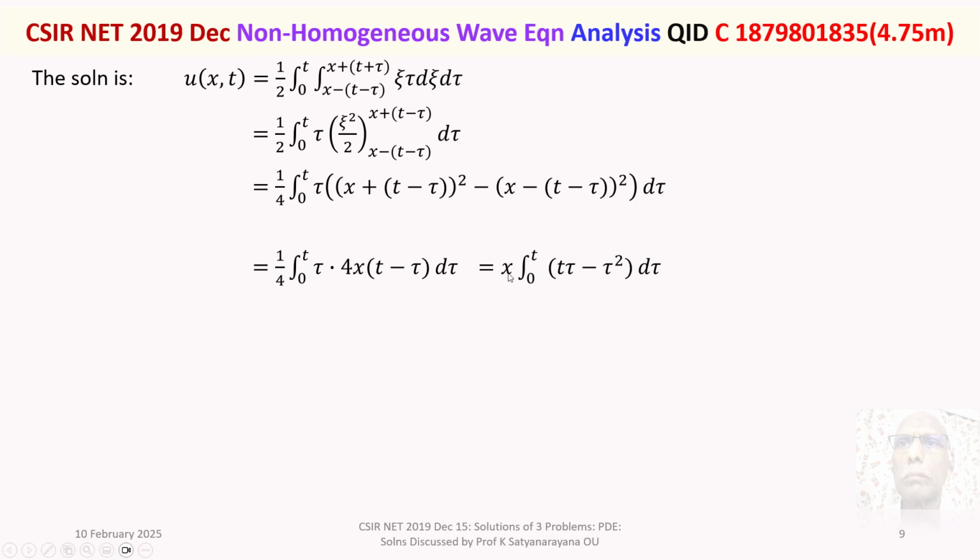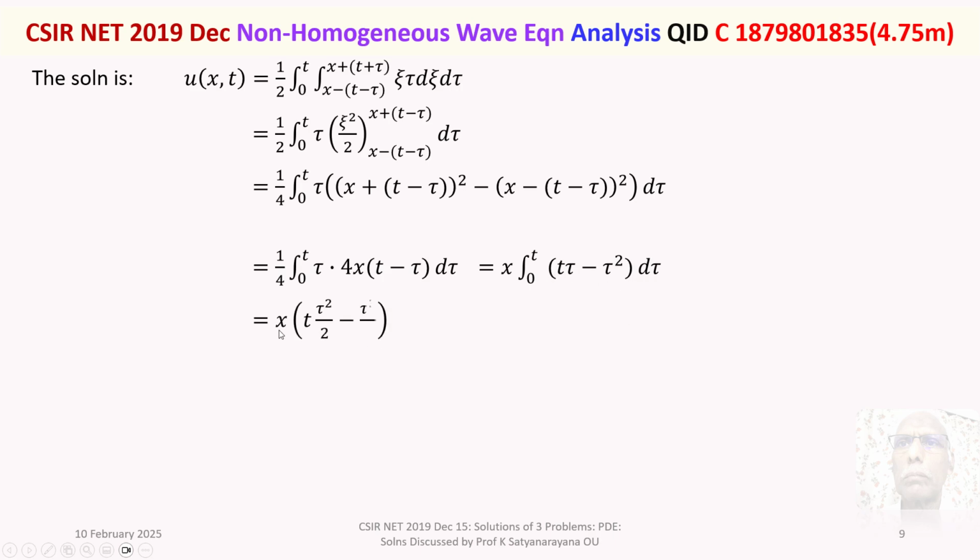That is equal to, the integration is with respect to τ, so x will come out and 4 will cancel. So x times the integral from 0 to t, τ is getting inside the bracket, multiplying (tτ − τ²) with respect to τ.